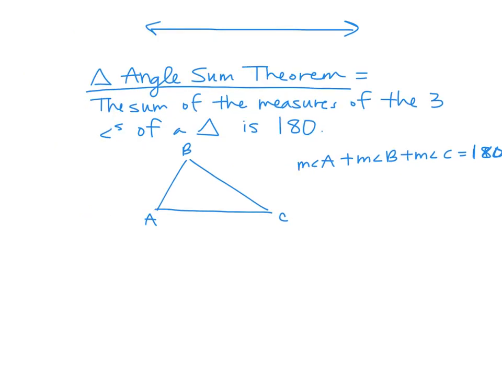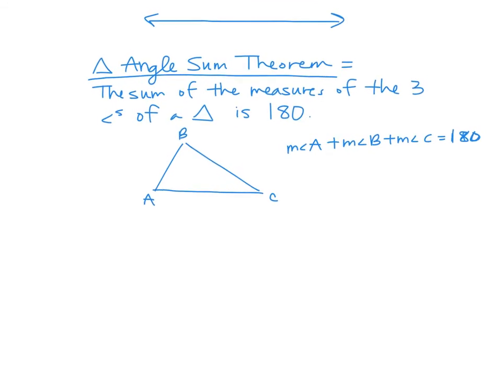So triangle, three angles. If you add them together, 180 degrees. Okay. So there is a way to prove this, which I'm going to just show you with a triangle here. If I take this triangle and I tear off the corners, right, like this, and then I take those corners and I put them all together, all the angles together, what happens?